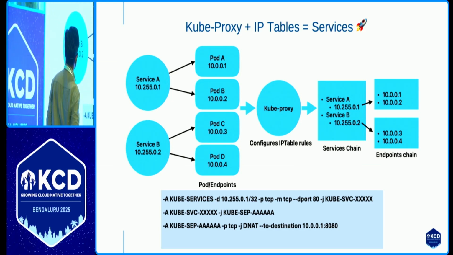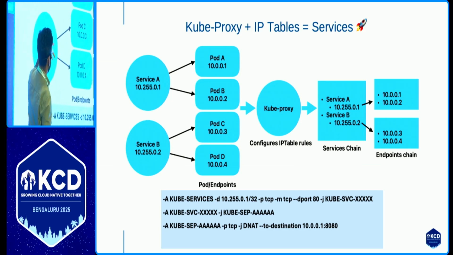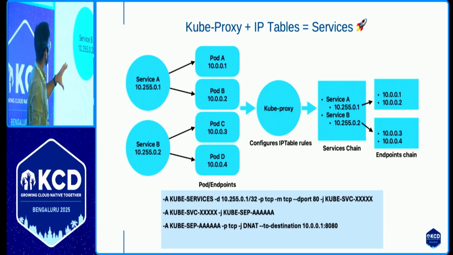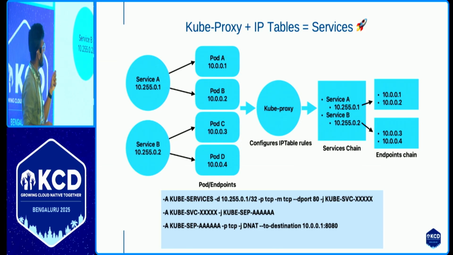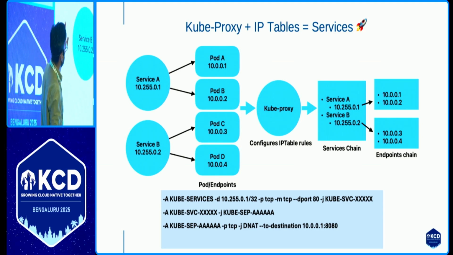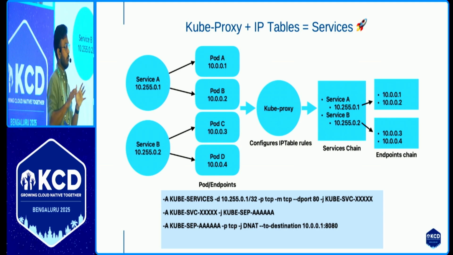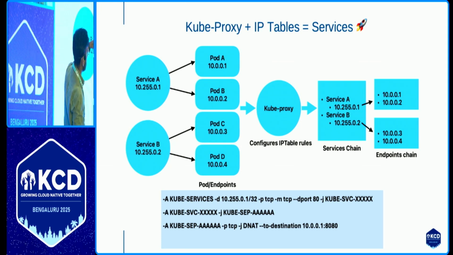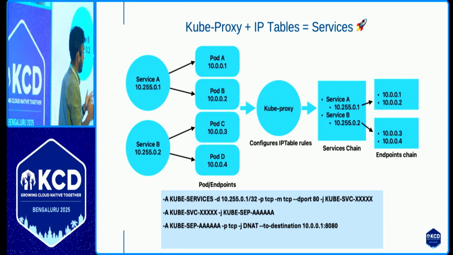Let's take this example. You have two services, and two pod endpoints backing each of these services. Now, Kube-Proxy will monitor all these events from the API server, convert all of that information into an IPTables rule set, and apply it across your node, which basically means a couple of service chains and pod endpoint chains for your final routing.